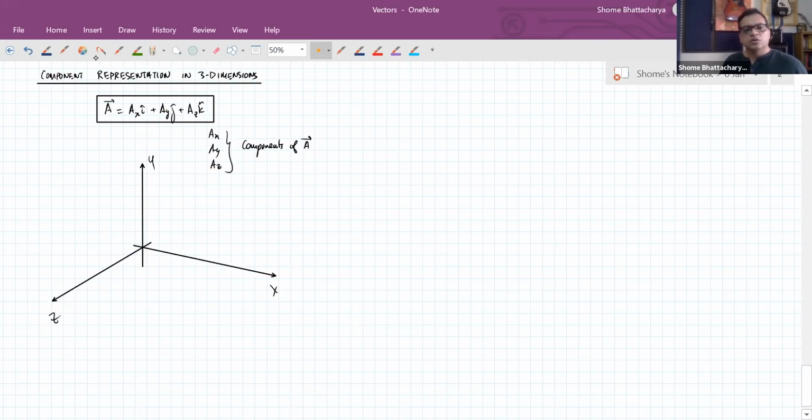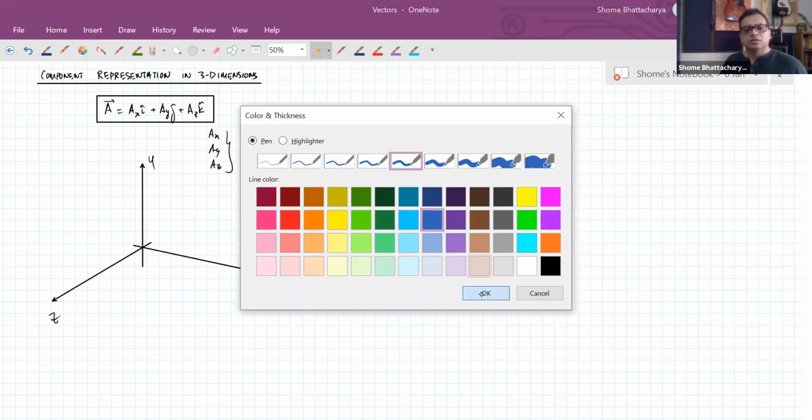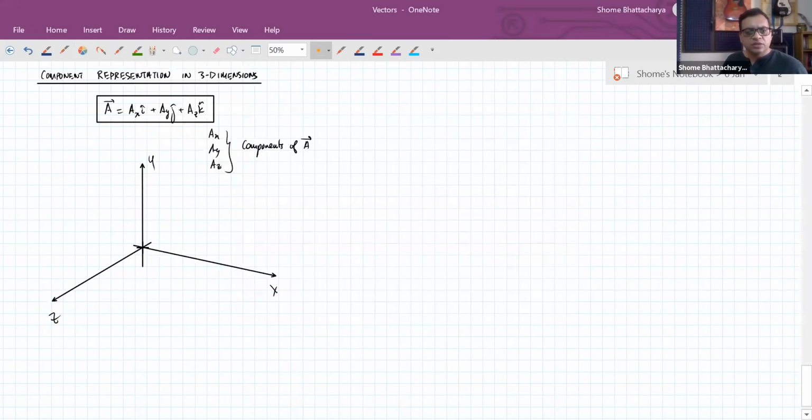In this, you can see that the quantity ax i cap, if I draw it from the origin, would be a vector along the x-axis, like this. Ay j cap similarly would be a vector along the y-axis, and az k cap would be a vector along the z-axis, like this.